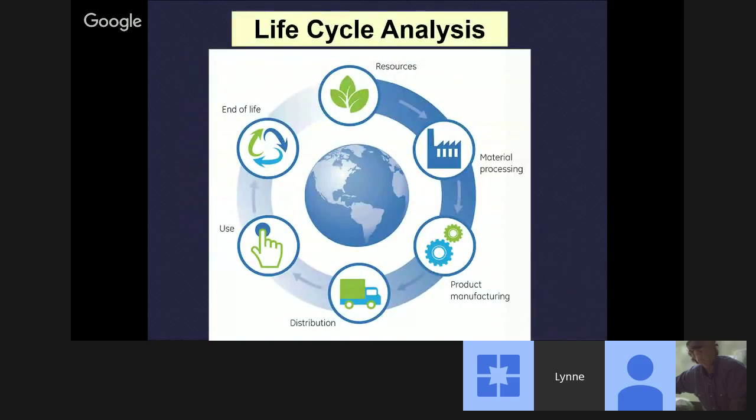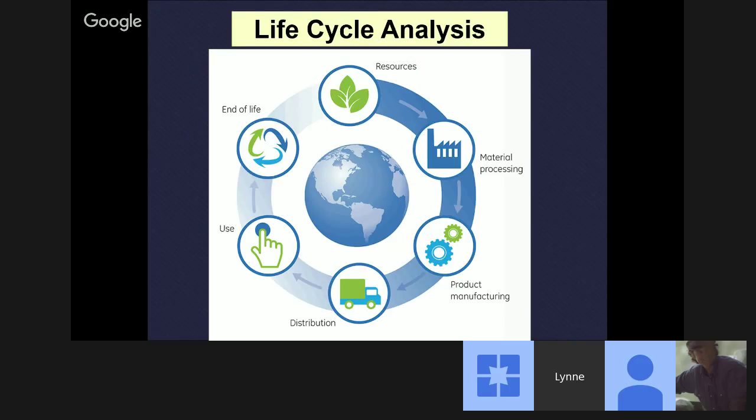And what he's done is essentially a partial life cycle analysis, looking at the inputs and materials used on the farm from the cradle to the farm gate.